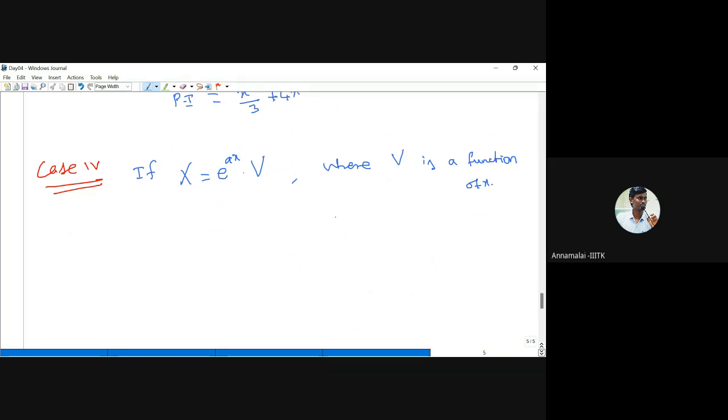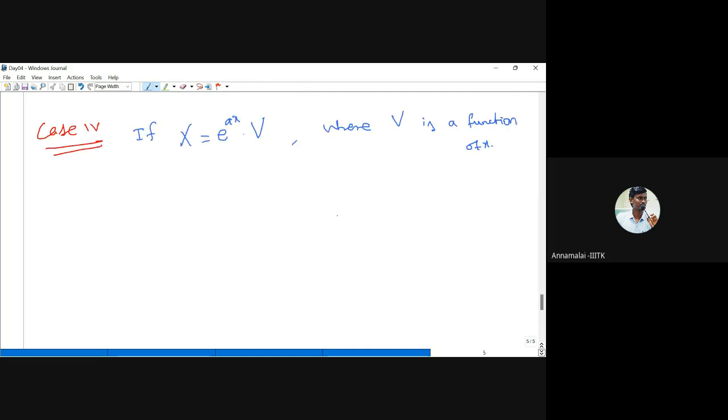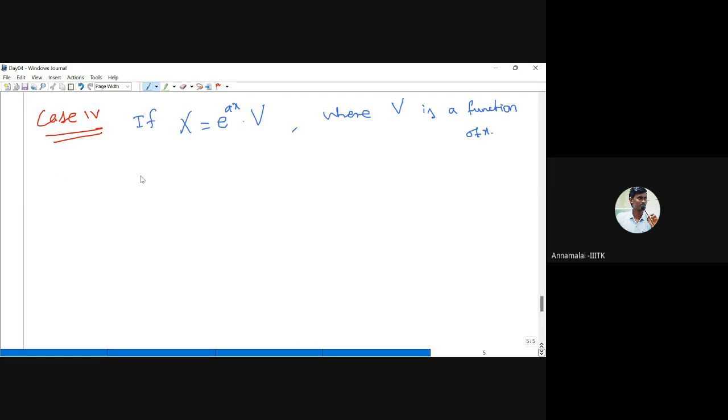Now in this case, how to find the solution of this equation? The particular integral y is nothing but 1 by f of D into capital X, where capital X is e power ax times V. If you take e power ax outside, we have to replace D by D plus a.